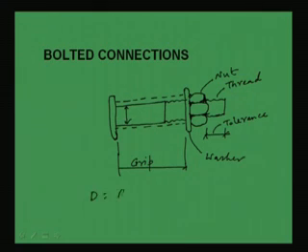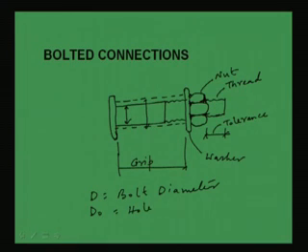So, D is equal to the bolt diameter, and this total diameter is the hole diameter, D0. Now, the other part is something like this.